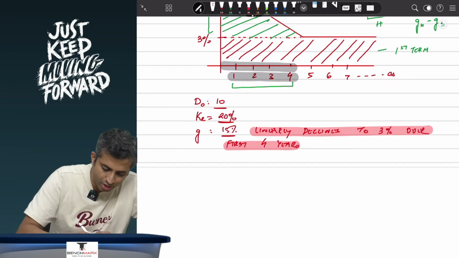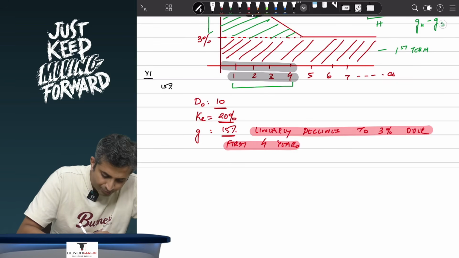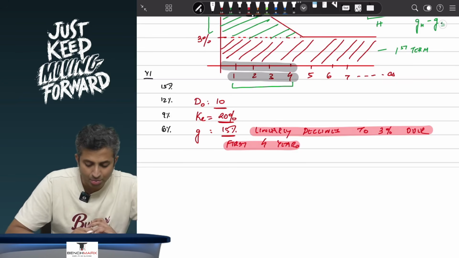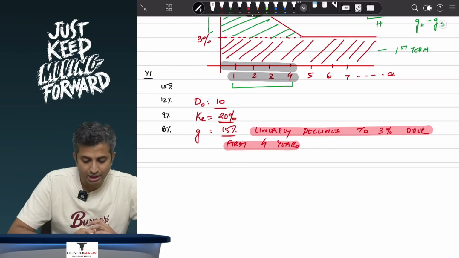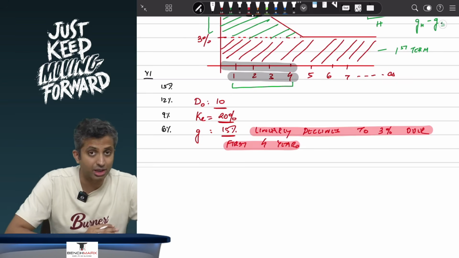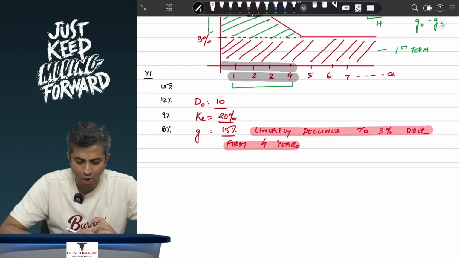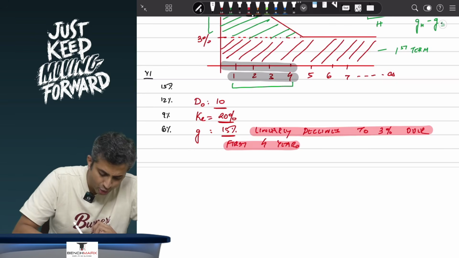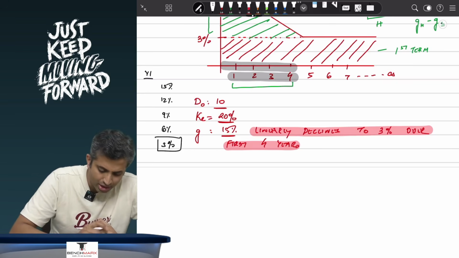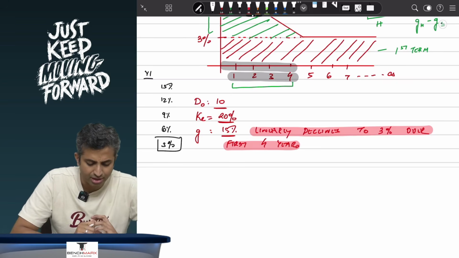So maybe your year 1 dividend grows at the rate of 15%. Year 2 will grow at 12%, year 3 will grow at 9%, year 4 will grow at 6%. And after that, probably the dividend growth will remain stable for the other years. So there's a linear decline from 15 all the way down to 6, and then the growth going forward will stabilize, for example, at 3%.